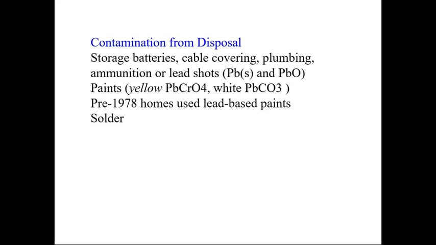So when these are disposed, and when they are used in houses as paints, they lead to inhalation or the toxicity of lead. Also, most of the soldering done in the industry uses lead, and the disposal of these causes lead contamination.